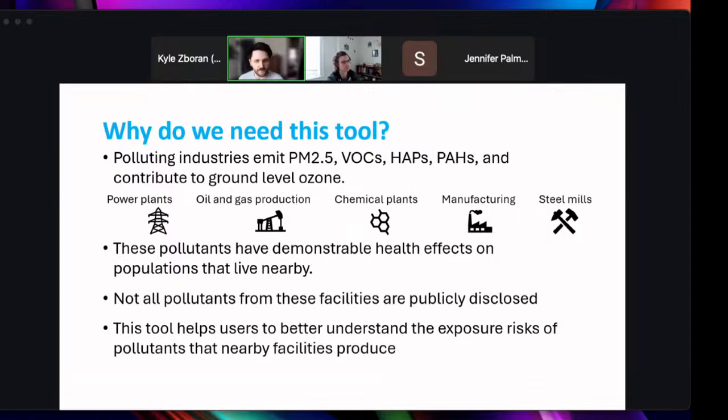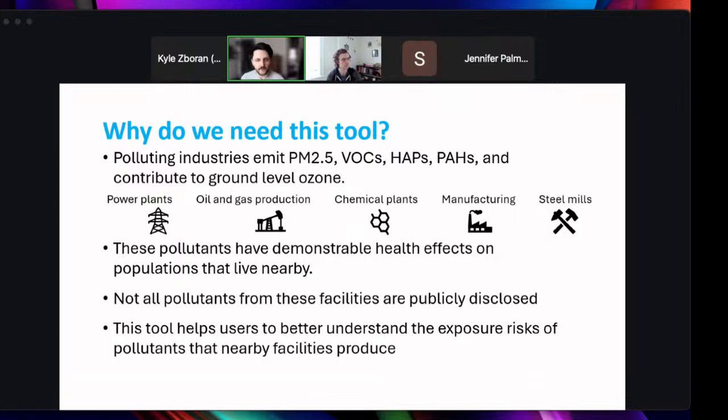We also know that these pollutants have a demonstrable effect on the health of nearby populations, but we don't always know what they are. In permits for these facilities, sometimes we get, for example, a facility saying that they're going to emit a lump sum of volatile organic compounds, largely as a category, but they don't delineate which exact VOCs they are.